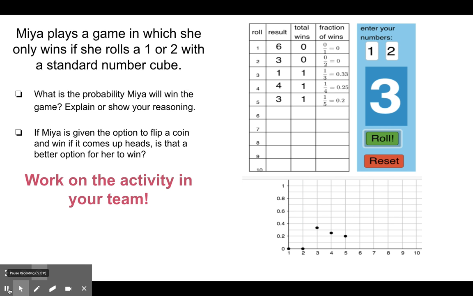We already answered number 2 when it says, what is the probability that Maya will win the game, and explain your reasoning. And then we also answered number 3 about if Maya was given the option to flip a coin and win, what would be the better option. So let's go ahead and answer numbers 1, 2, and 3 in your student companion, just recapping what we just talked about, and then we'll come back together.